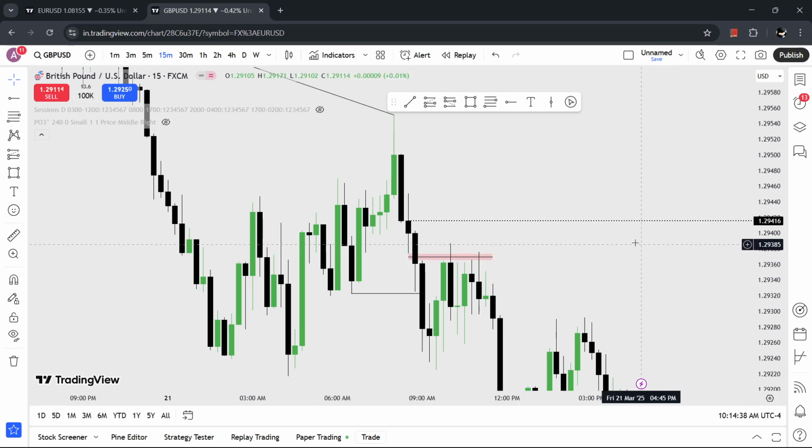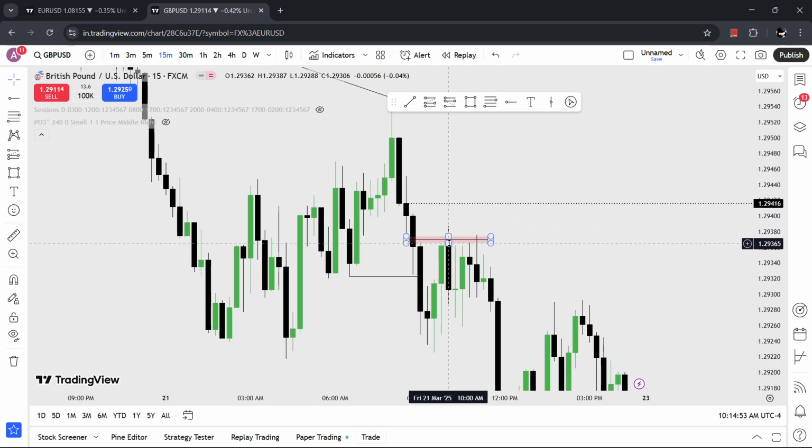Okay, that's a 15-minute fair value gap at the point of this displacement from here to here. At that particular position, we have that 15-minute fair value gap. So price tapped into it.